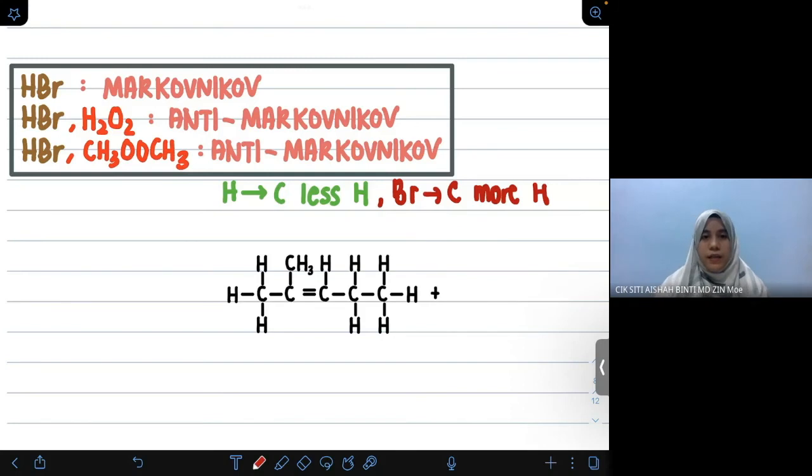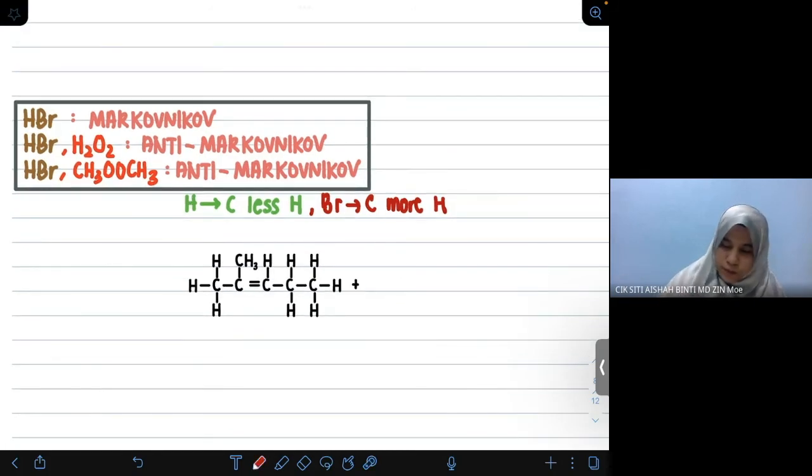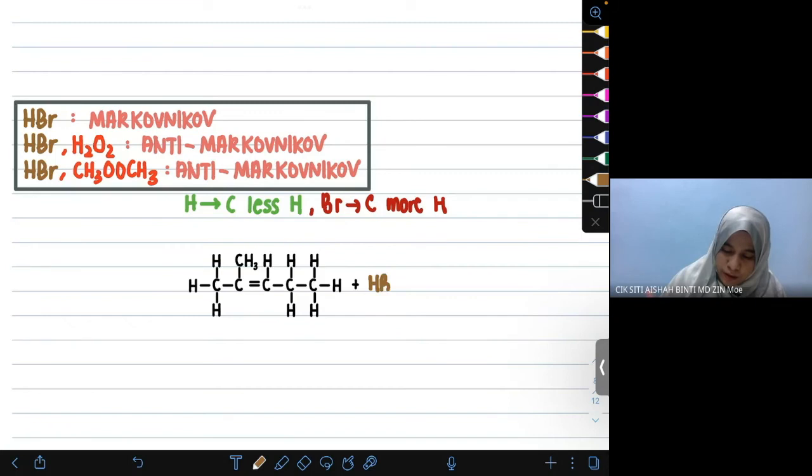So from here, we have to write down the equation. Our question is 2-methyl-2-pentene reacting with HBr in the presence of dimethyl ether. How to write the equation? We write plus HBr here, and when we write the arrow, we have to include our reagent, CH3OOCH3.